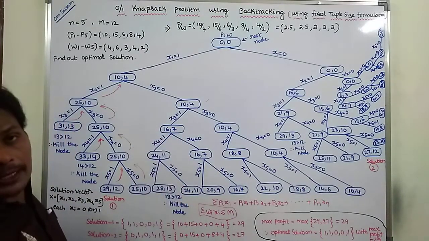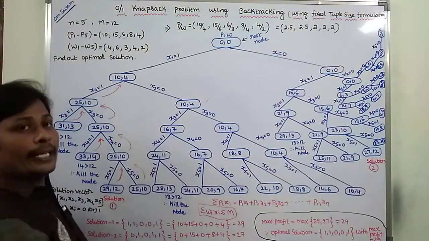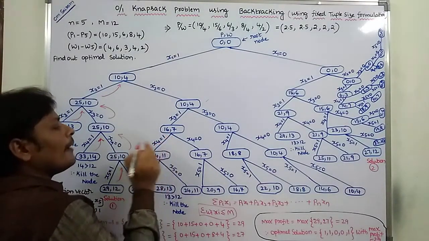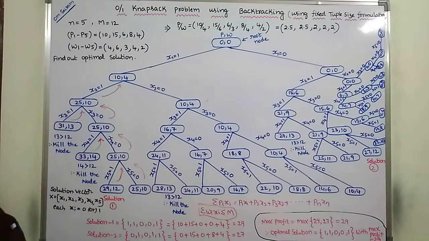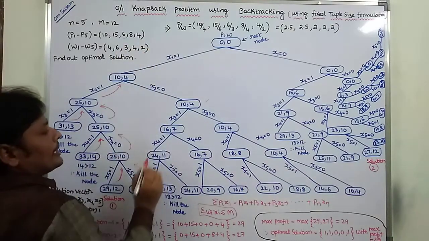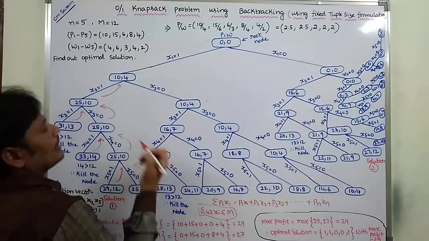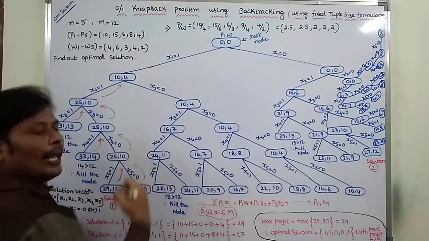Okay. Now the sum of the weights of the objects that we have considered is less than or equal to the capacity of the knapsack, so this node can be extended by considering the fourth object, x suffix 4 is equal to 1. The fourth object profit is 8. 16 plus 8, that is 24, and 7 plus 4, that is 11.